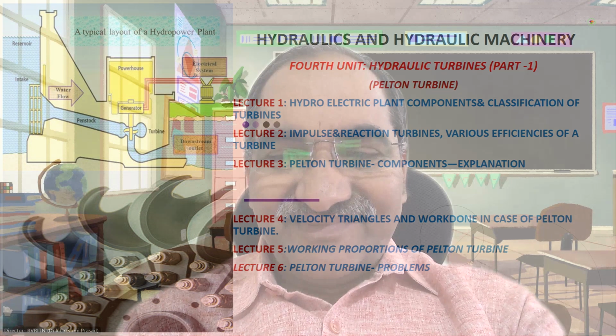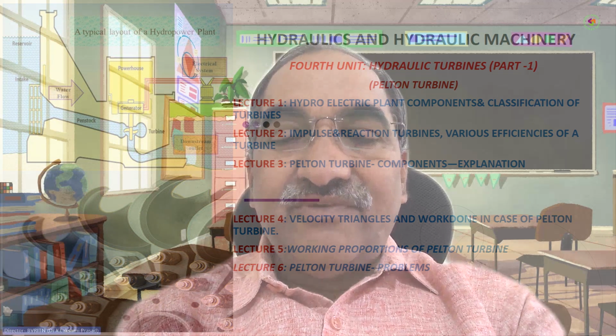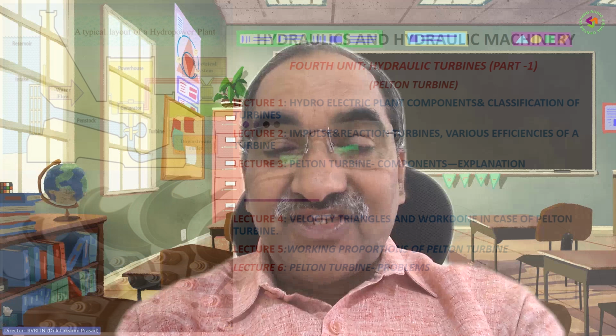Then, what are the various classifications of turbines? So in this lecture, we discuss number one, what do you understand by a hydraulic turbine? What are the components of a hydroelectric plant? And the last one is the classification of hydraulic turbines.